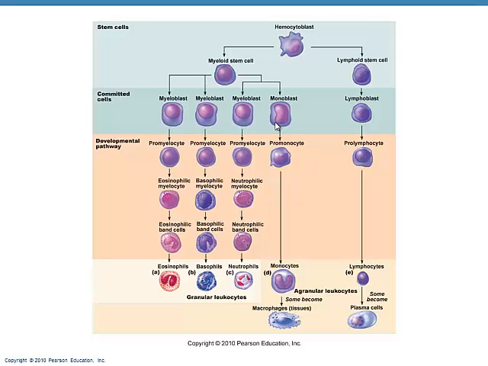Yes? Why do we need to know all the... Because... No, I understand. Like, you need to know that it will start from chemocytoblast, and then there's two different... Correct. Why do we need to know all the names for each cell? Why? Because I said so.